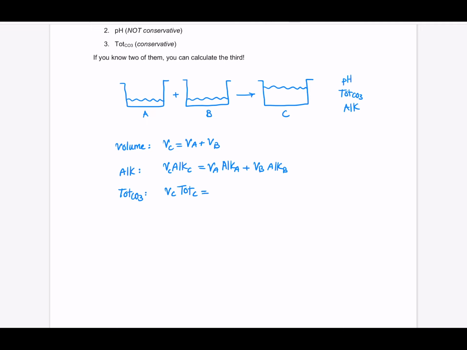So it would also be Vc times total CO3 in C equal to Va times total CO3 in A, plus Vb times total CO3 in B. How about the pH?